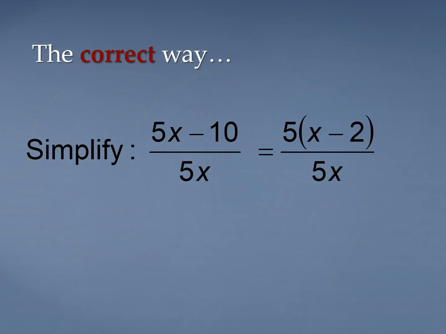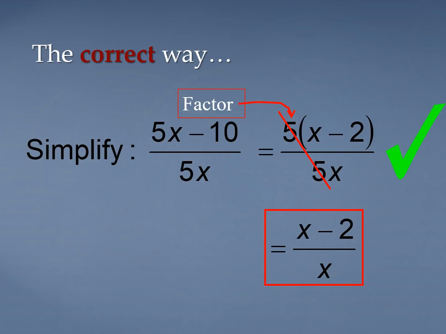So here, 5 and 5 are both factors. Makes sense. We can cancel those 5s out. Final answer. What's left over, because that's all we can cancel out? x minus 2 over x, right? Beautiful. x minus 2 over x.